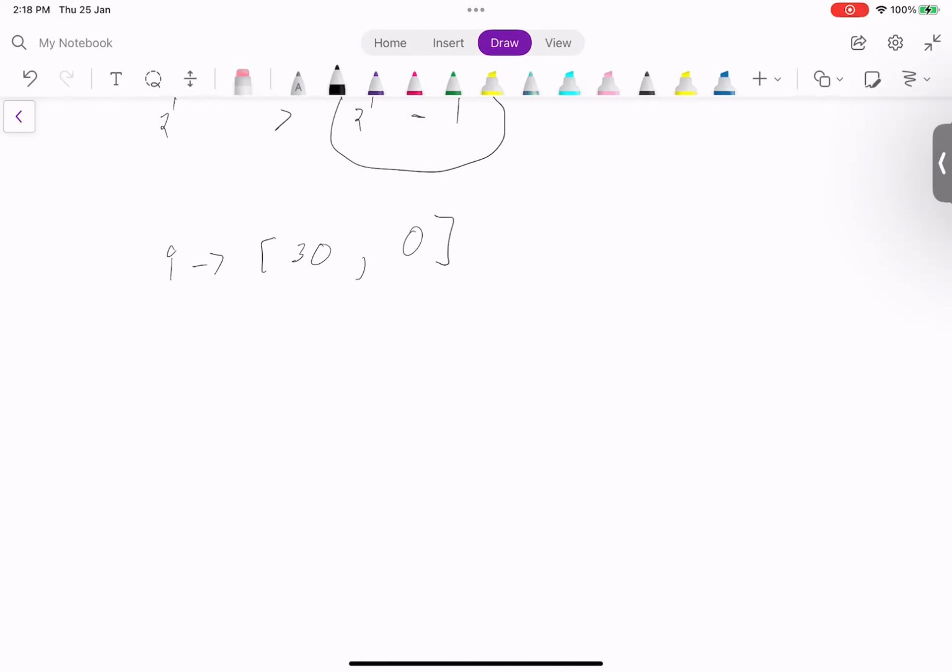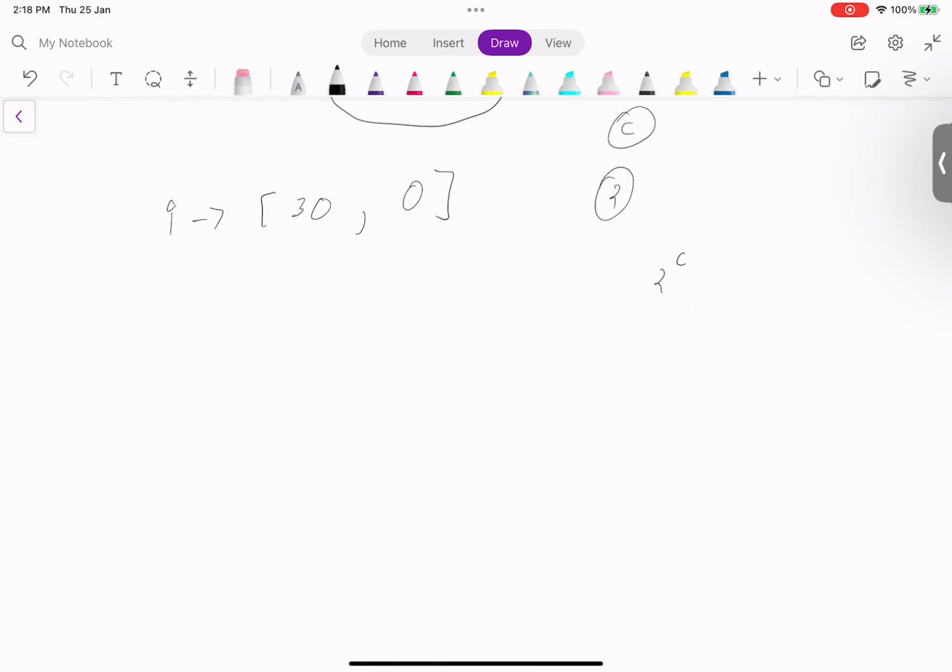So once you encounter the second most significant bit, from then start counting all the unset bits in X. Then it is just 2 power C. So let C be the number of unset bits and the answer is 2 power C. So for each bit, just iterate and find this out.